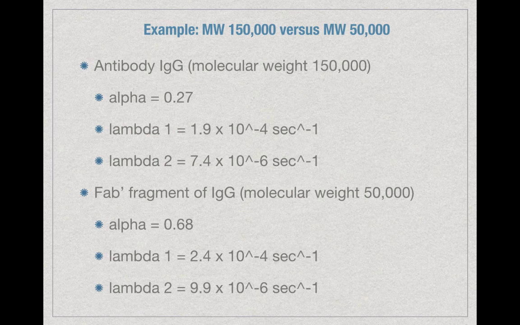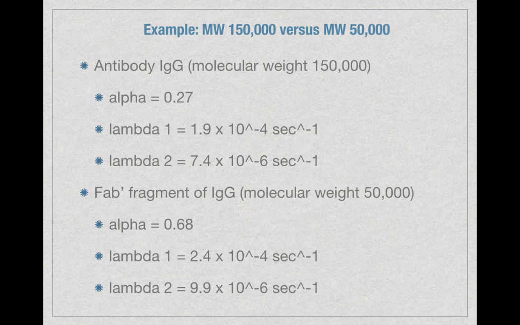So I'm going to go ahead and give you an example of molecular weight 150,000 versus molecular weight 50,000. And then in the next slide, I'm going to give you some homework where you can play with a simulator on the web, so you can get a feel for what happens as you change the different parameters.